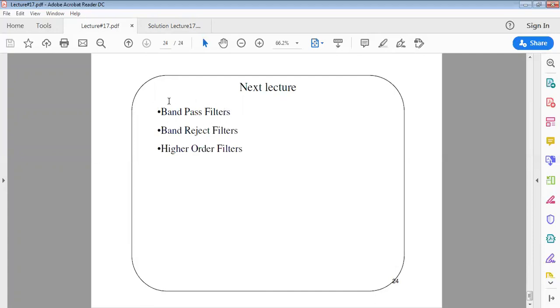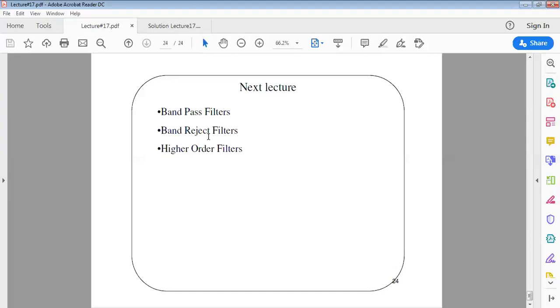We just put these topics in your syllabus for you to understand that the band pass and band reject filters are related. The minimum order they can be is second order, and since our syllabus is only related to first order filters, we are not going to cover these filters in detail. But we provide you the notes, and we hope you can read about these filters on your own.